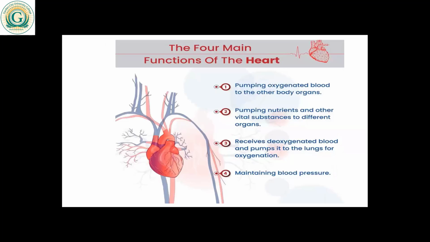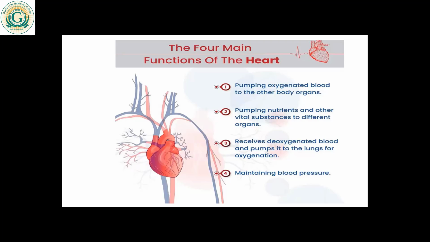So we can classify the function of the heart in four main parts. The first one, specifically, we are pumping oxygenated blood to the other body organs. When you say oxygenated blood, meaning this blood is highly saturated with oxygen.